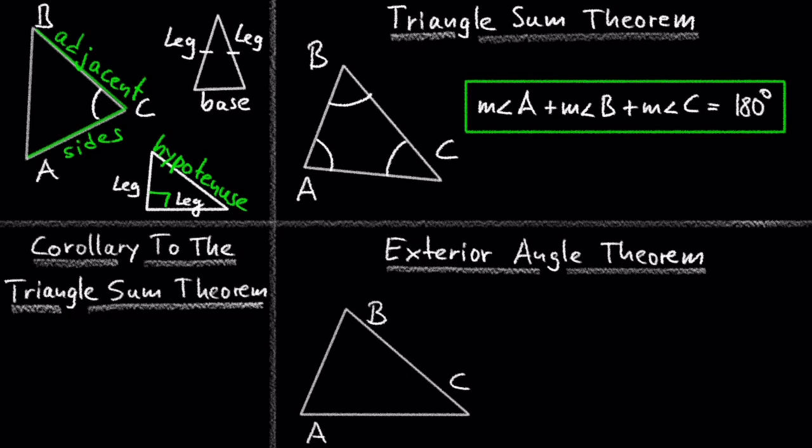Today we are going to learn the relationship between the interior and the exterior angles of a triangle. But what are exterior angles of a triangle? When we extend the sides of a triangle, then other angles are formed.